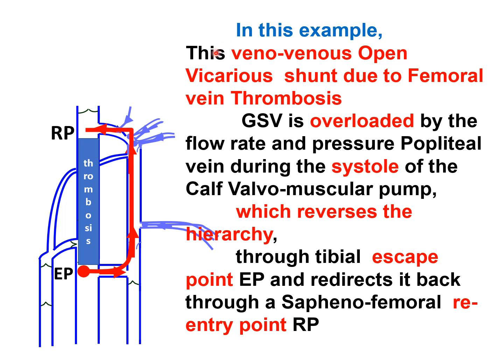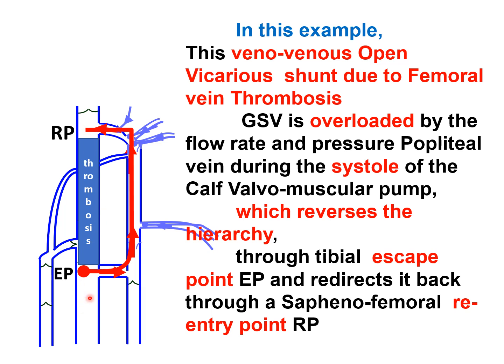In this other example, this is a veno-venous open vicarious shunt due to a femoral vein thrombosis. The great saphenous vein is overloaded by the flow rate and pressure of the popliteal vein during the systole of the calf valvomuscular pump, which reverses the hierarchy through the tibial escape point, EP, and redirects back through the saphenofemoral reentry point, because of the thrombosis of the femoral vein.